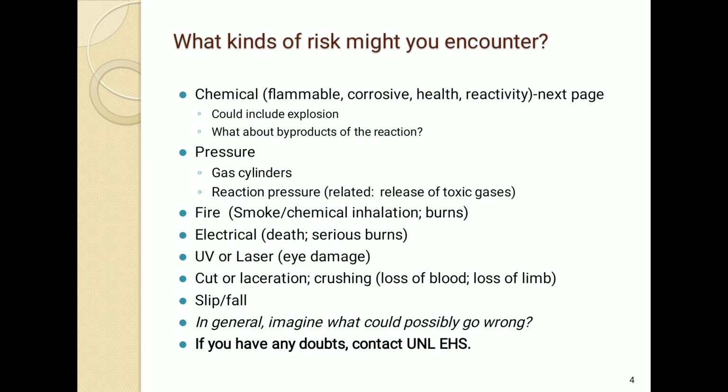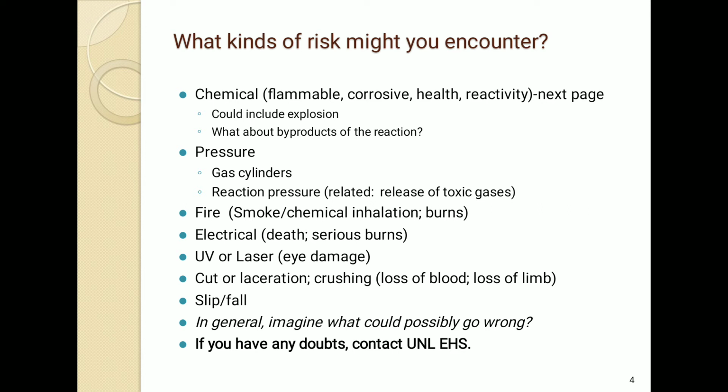What kind of risk might you encounter? That is chemical: flammable, corrosive, health or reactivity. Next, it could include explosion. What about the byproducts of the reaction? First is pressure, gas cylinder, reaction pressure related release of toxic gases.